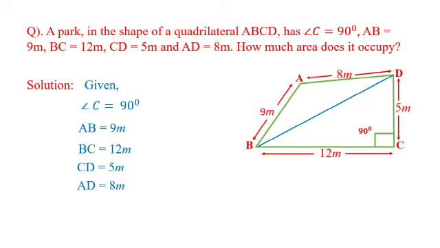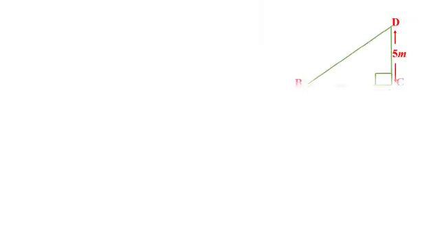Now in order to find the area of these two triangles, first we need to find the length of the diagonal BD. This is our triangle BCD, the lower part, and we can see that triangle BCD is a right angle triangle.